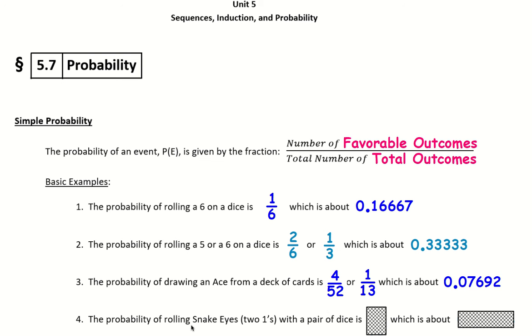Probability of rolling snake eyes. Okay, at least we're getting a little more interesting with this next example. Probability of rolling snake eyes, that's rolling 2 dice and getting both of them 1s. Now, I have to remember that at this point you've already looked at section 5.6, which was about the counting principle.